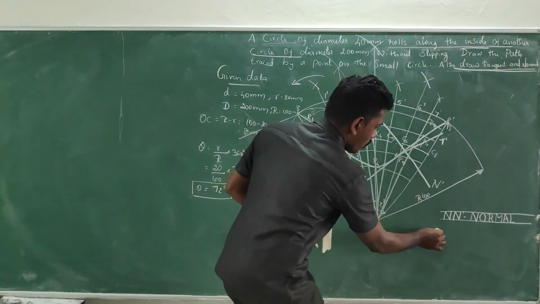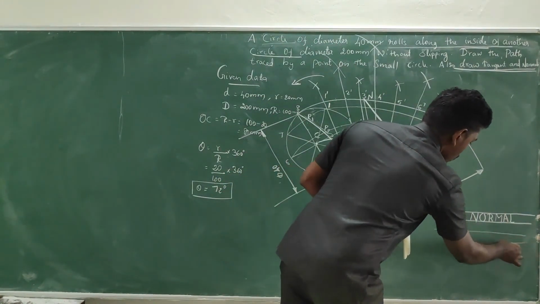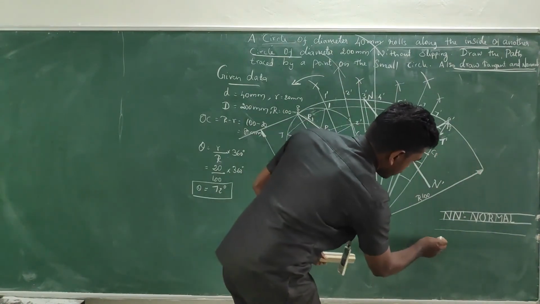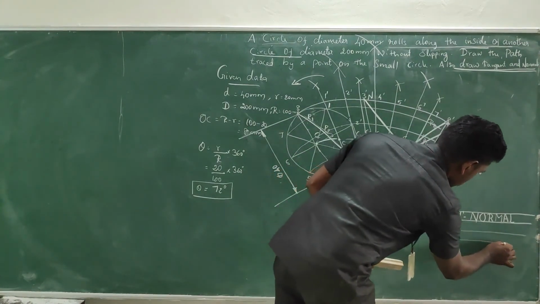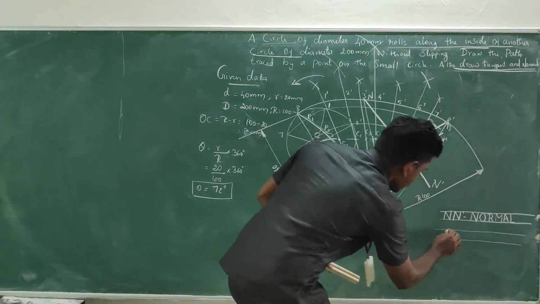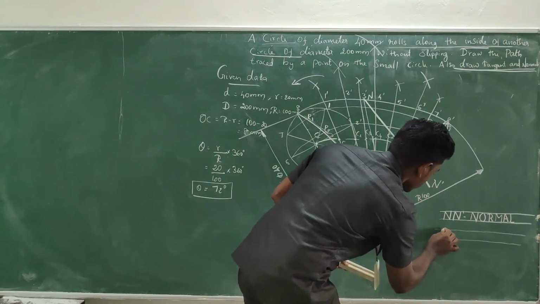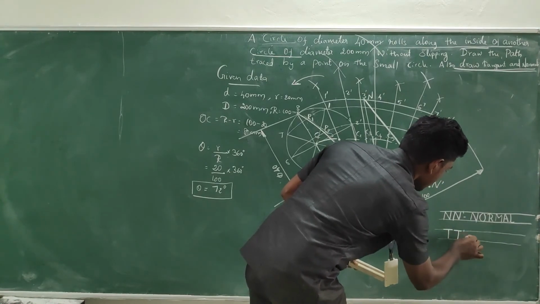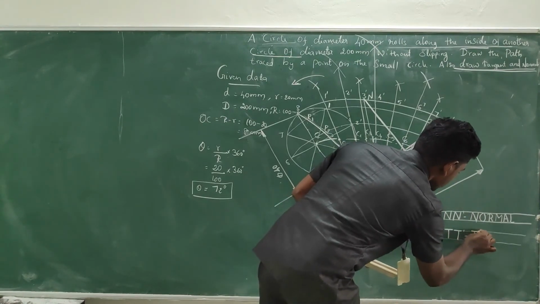Okay, and again open the guideline and write T dash as tangent.